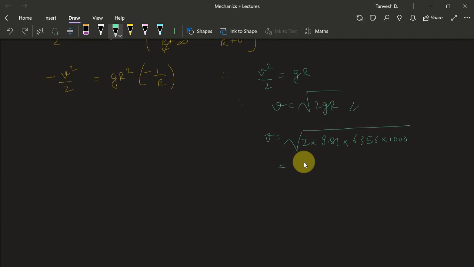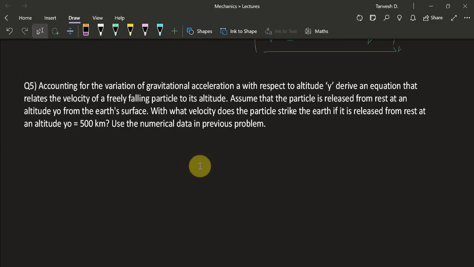So we will get our escape velocity as 11.167 into 10 raised to 3 meters per second. So this can be written as 11.167 kilometers per second of velocity. This is the escape velocity required. Okay, let us solve this numerical.